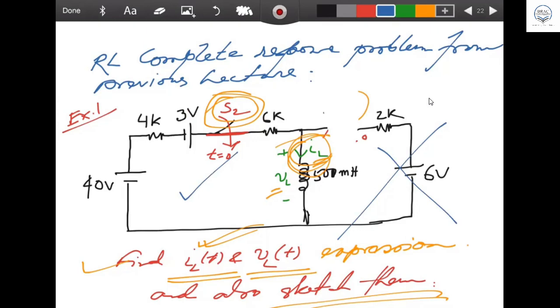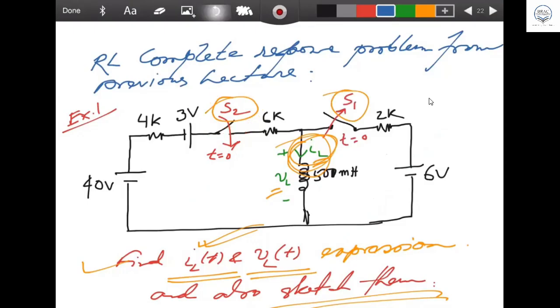So this is the only thing you have to draw in this case. That is the left hand side circuit you have to draw now. So I'm going back to this. I think all of you understand it up to this.